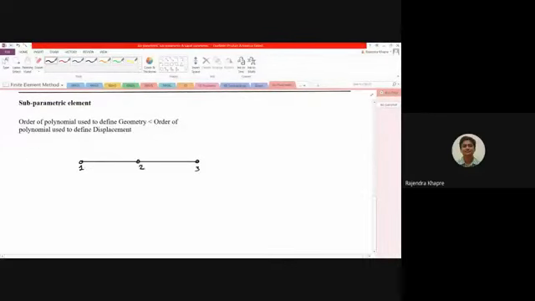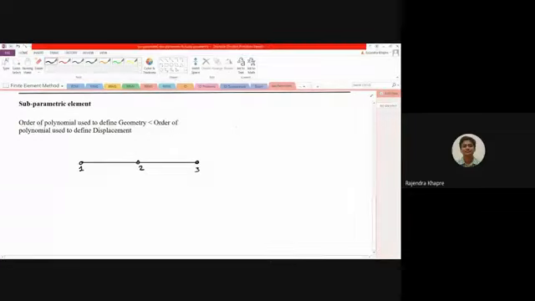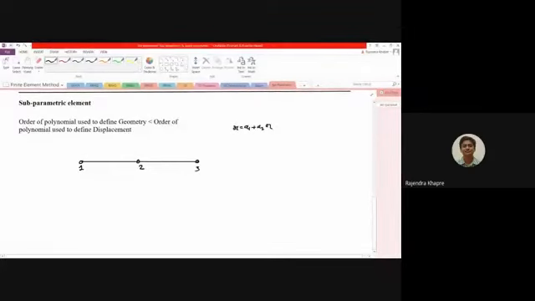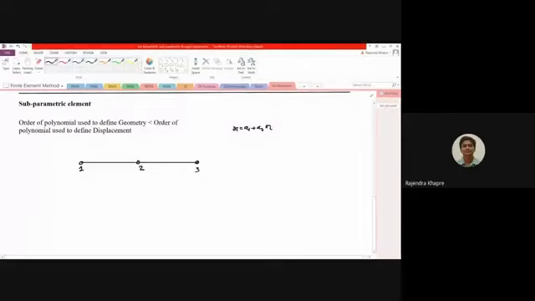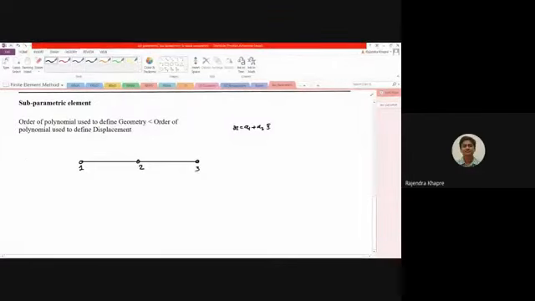As per the definition, the order of the polynomial used to define the geometry is less. So x equals a1 plus a2 times xi. Here the order is just one.